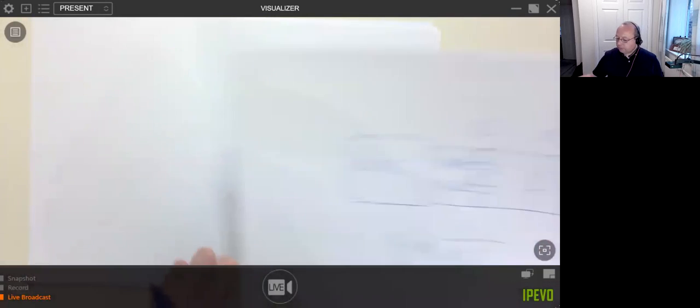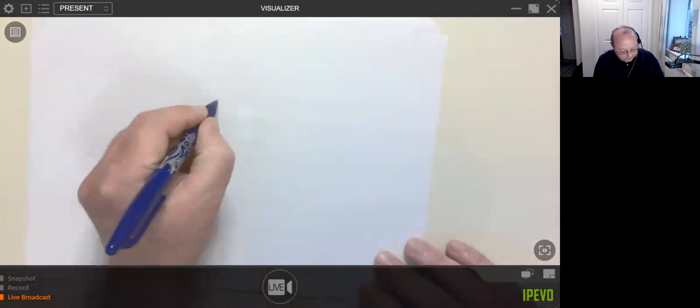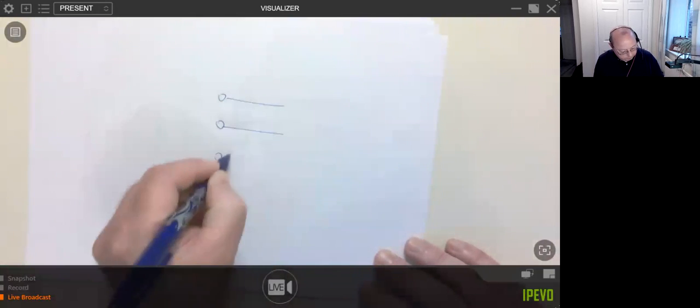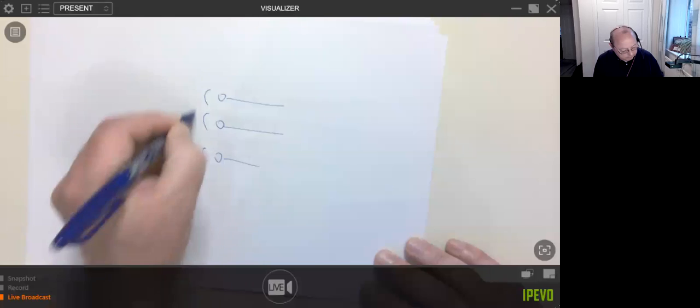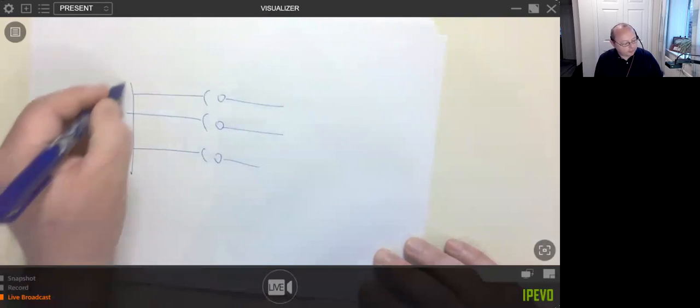One of the other things you've got to think about is what's going to happen if the cable comes out, if you've got cables. So we've got 2 devices here.